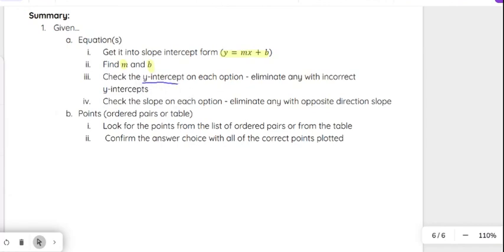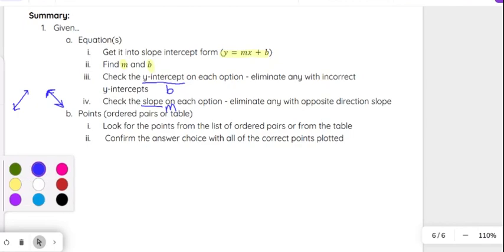You can eliminate any incorrect y-intercepts or eliminate any slopes, and really you could do that in either order. I find the y-intercept is typically easier to determine in terms of eliminating answers. However, if you look at slope as just a positive slope or a negative slope, that can help you eliminate some answers potentially, depending on those multiple choice questions.